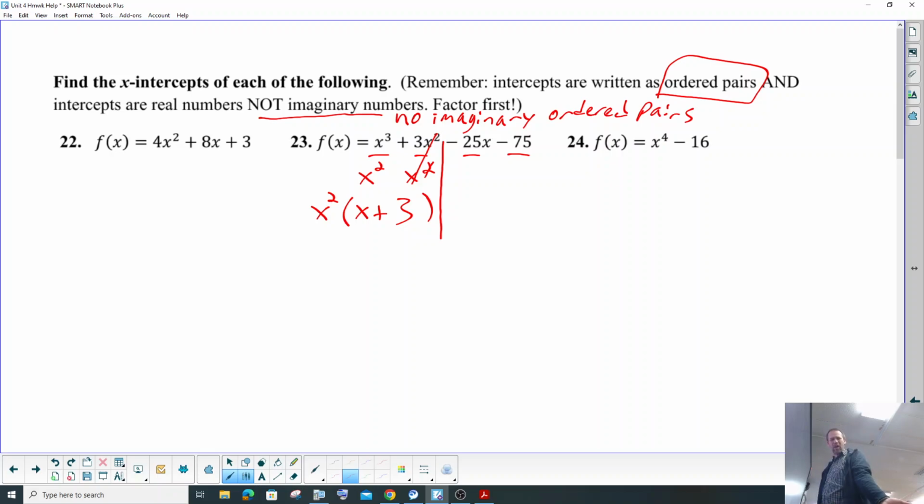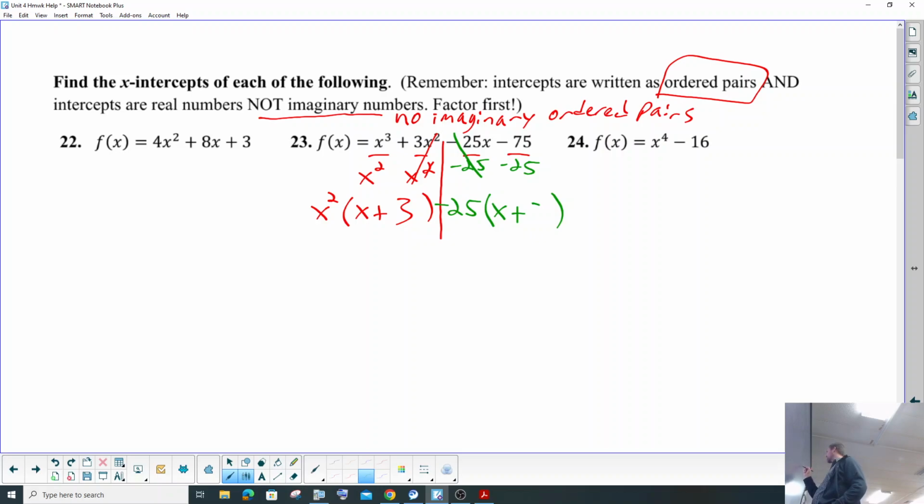So what do we do? Well, if we pull out the negative, they'll both be positive. So why don't we pull out a negative 25 and see what we have there. Those cancel, leaving x plus 75 divided by 25.